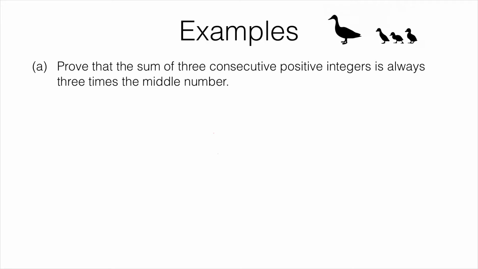We introduce algebra. We're going to start by saying let n be a positive integer. The beauty of this is that n can represent any number, so we're not just proving it for one particular set of 3 consecutive numbers, as you'll see. By the way, this is a pretty common starting point for lots of the algebraic proofs, as you will see in this video. So we've said n is a positive integer.